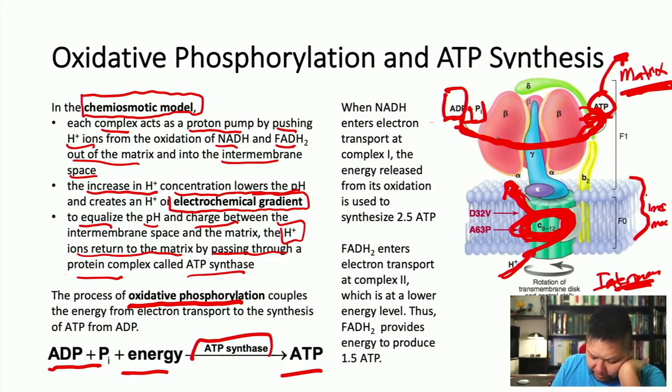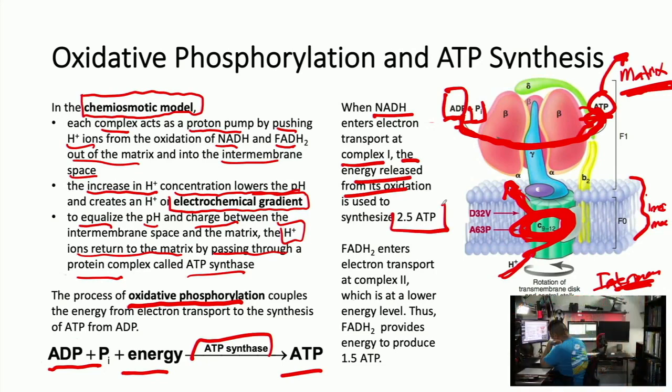So let's talk a little bit about how much ATP we get from each electron transfer molecule. So any NADH, when it enters complex 1, the energy released from its oxidation can synthesize 2.5 ATPs, right? For every one NADH, you get 2.5 ATPs.